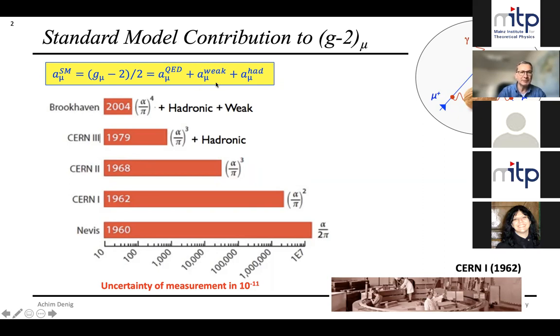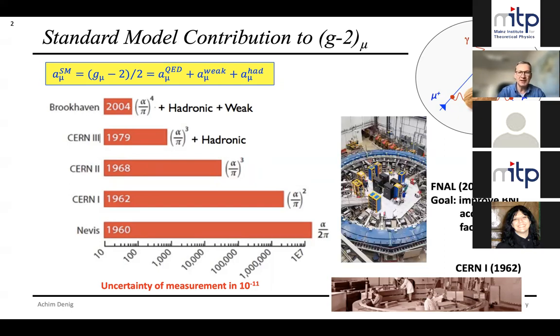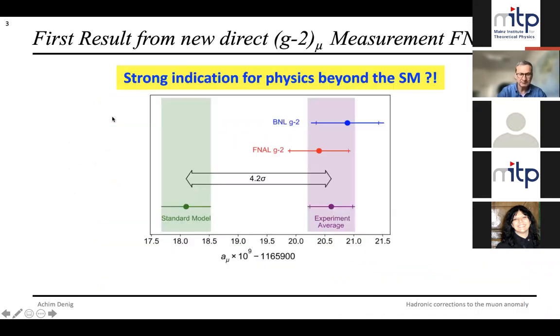And there the big surprise came, since one has seen a deviation between the full standard model calculation and the experiment. And therefore, it was decided to have a new generation of these experiments at Fermilab. And last year, the first result has been shown. The goal within the next years is to improve this accuracy by a factor of 4.